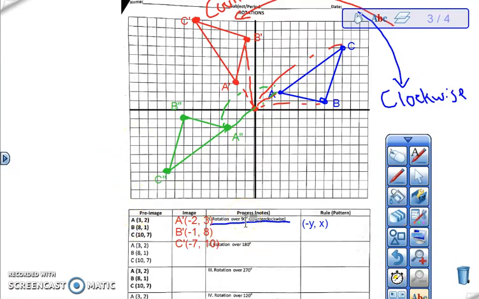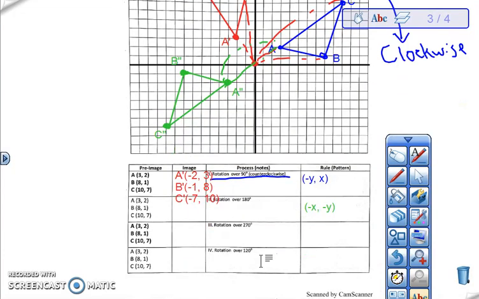So if we look at what happened, the X and Y numbers are in the same spot, but everything turned from positive to negative. So we're going to have negative X, negative Y.